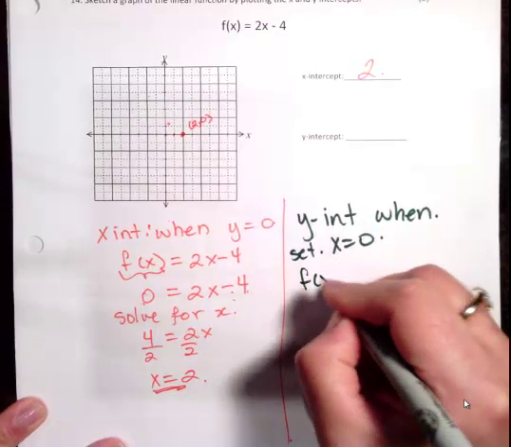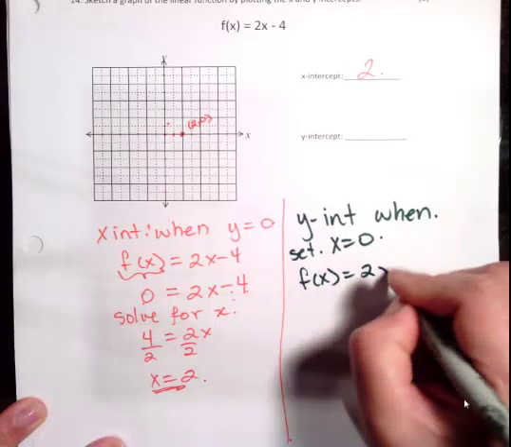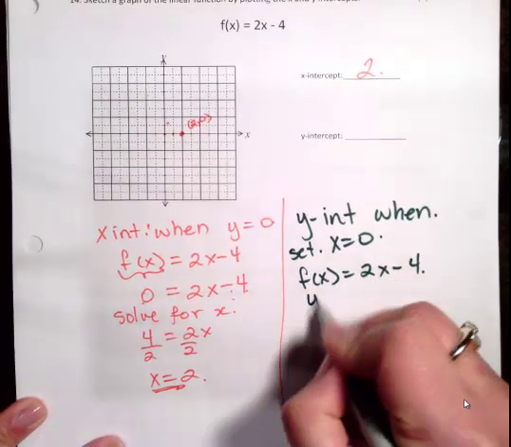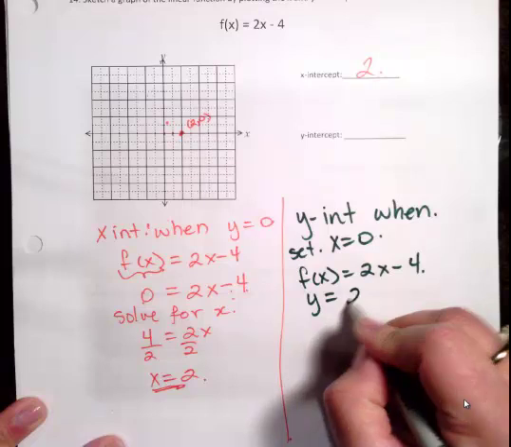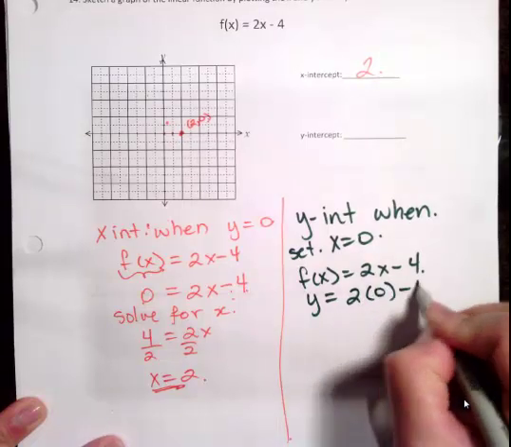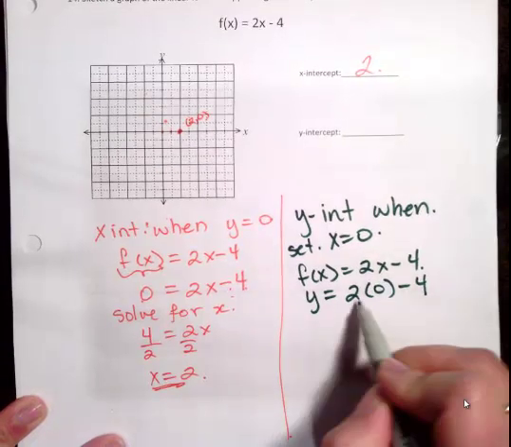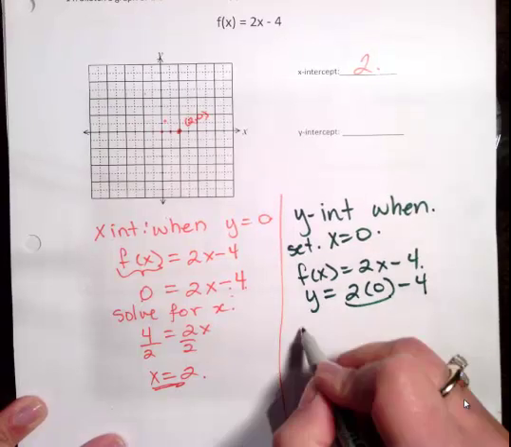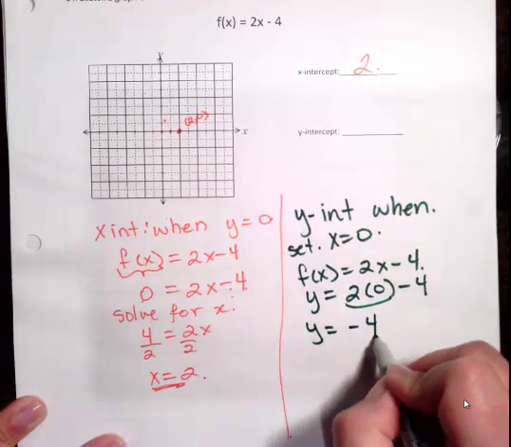So here we've got f of x equals 2x minus 4. So let's write y equals 2 times 0 minus 4. Well, you notice right here that this is 0. So we end up with y equals negative 4.